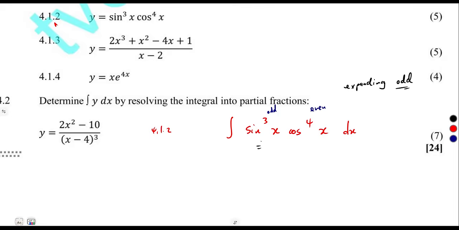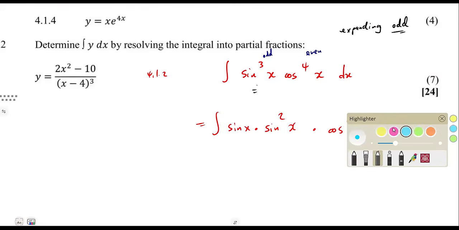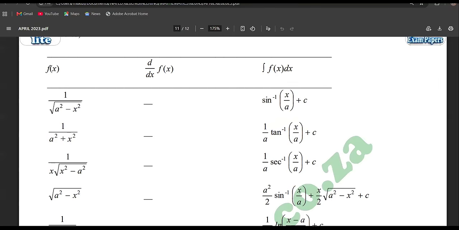So that sine cubed can be written as sine of x times the sine squared of x. We're expanding the odd exponent, times the cos as it is with respect to x. Why expanding the odd is because we need the cos from a sine squared of x, where we do understand that the sine squared of x equals 1 minus cos squared x from our trigonometry.